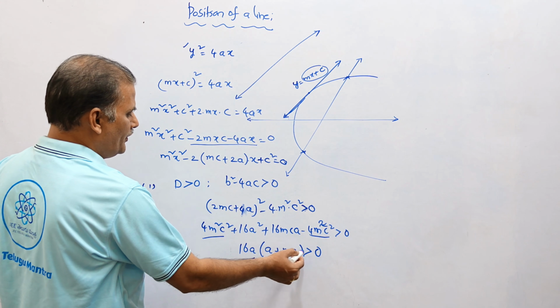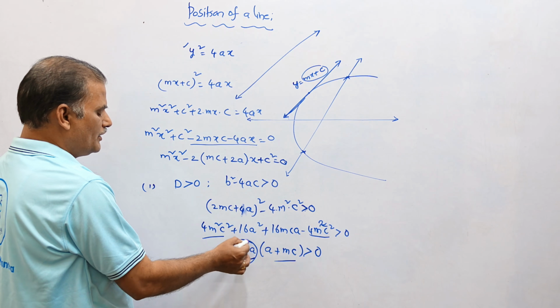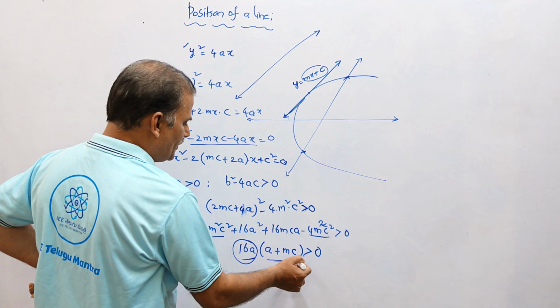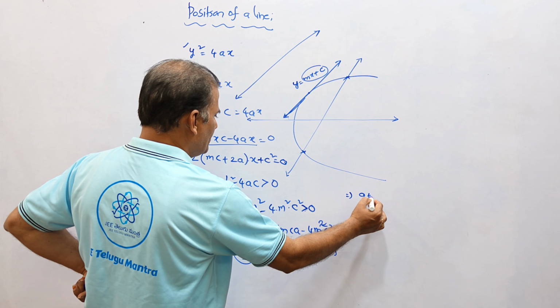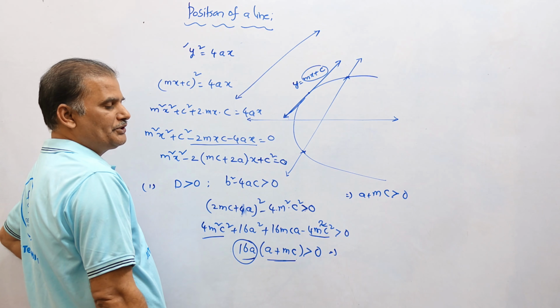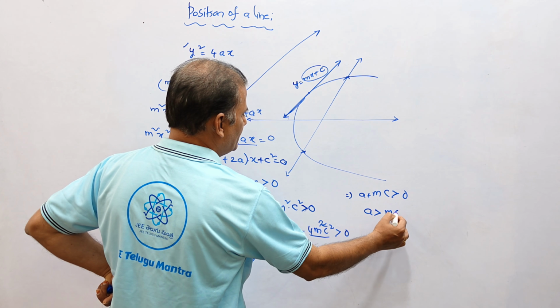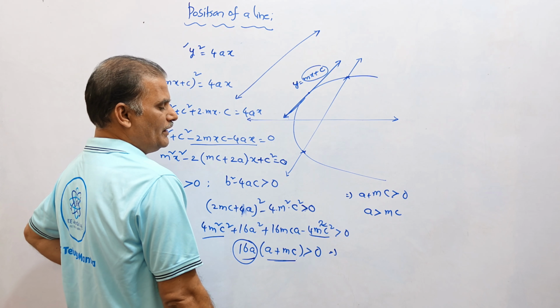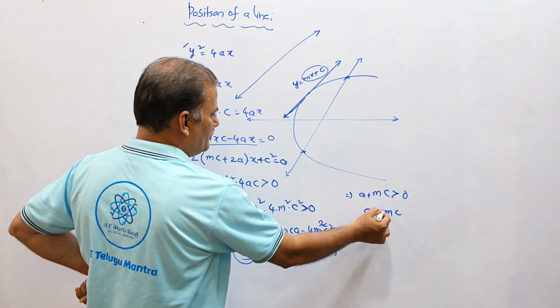The product of two factors is greater than 0. Here a is greater than 0, so you take the second one, that implies a plus mc is greater than 0. Now a is greater than minus mc.